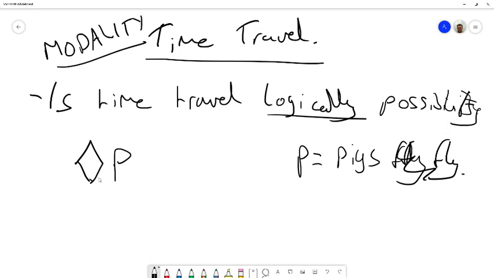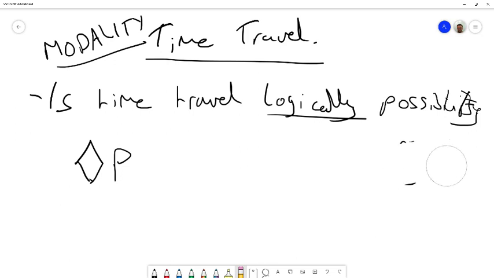That just means, as far as I know, it's not upstairs. Here we're not talking about that sense related to knowledge, we're talking about what's really possible. So possibly P is meant to represent, it could have been the case that, whatever it might be, in this case pigs fly. One thing that's worth noting is whatever is actual is possible.